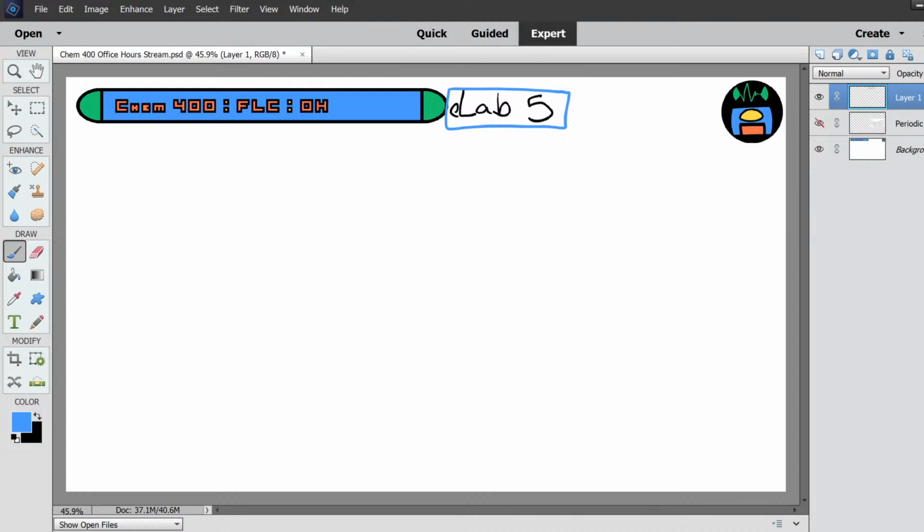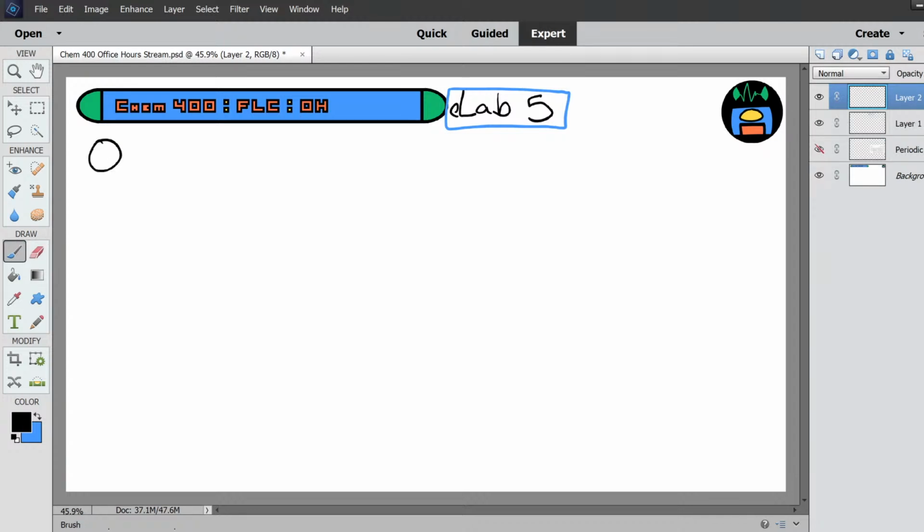So the objective for this experiment, I need to open a new layer. There we go.